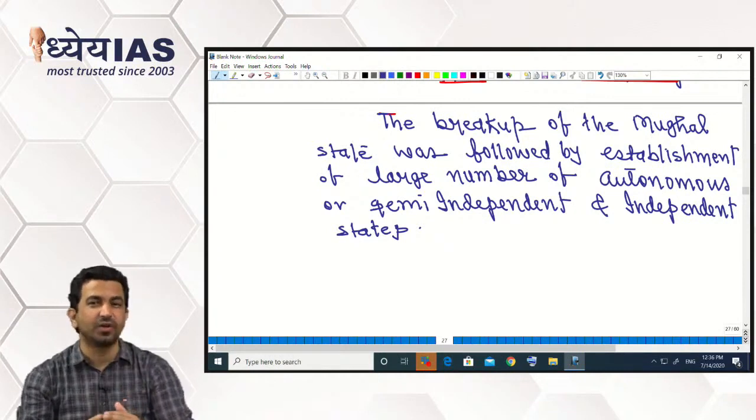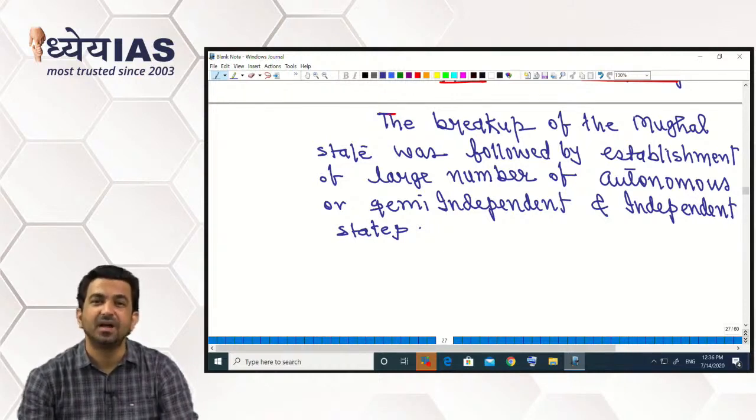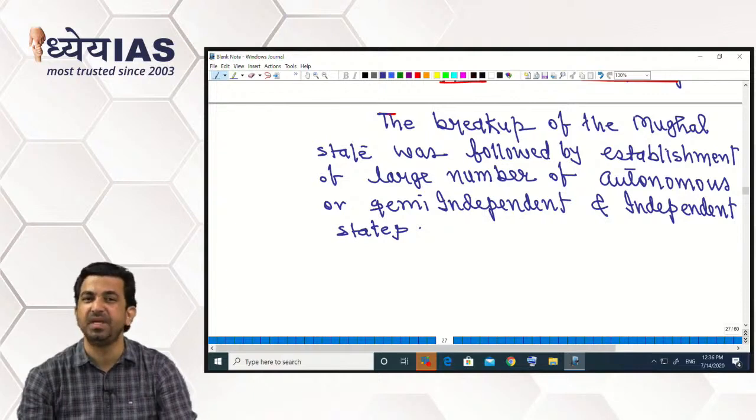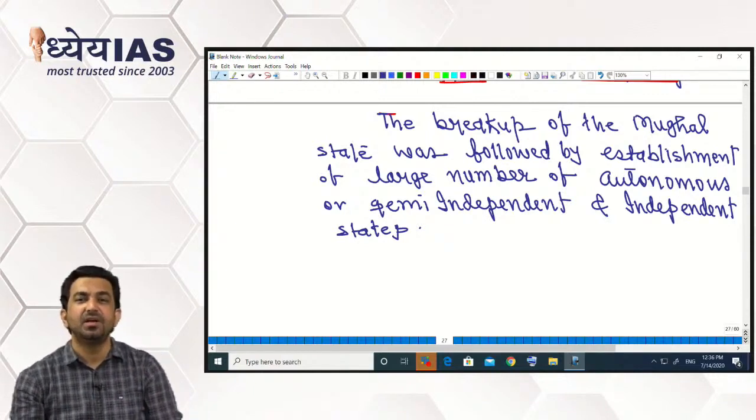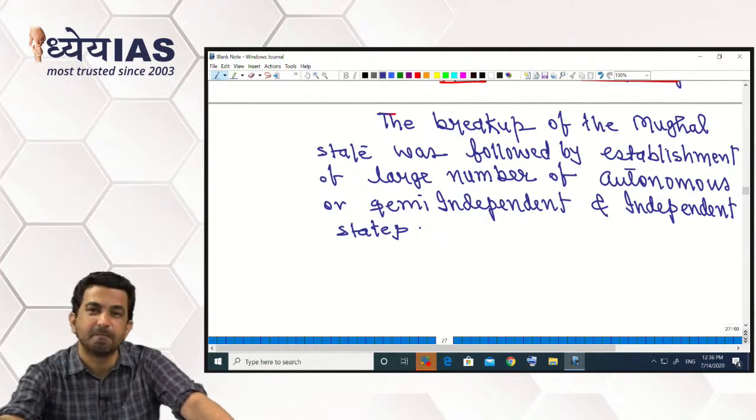And in return for their services, Farrukhsiyar appointed elder brother Abdullah Khan as the Wazir or finance minister, and younger brother Hussain Ali commander of the army, or Senapati.